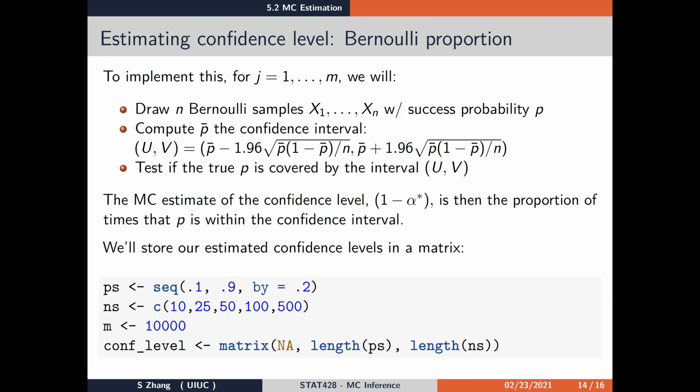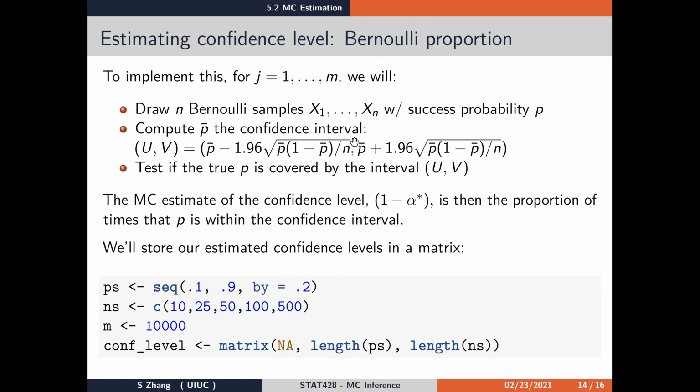Recall that we're going to play with different sample sizes and possible p values. But in general, given an n and a success probability p, we're going to first draw the Bernoulli samples x1 to xn.